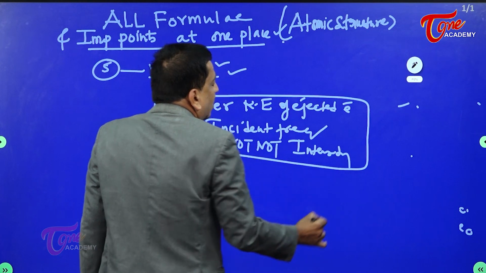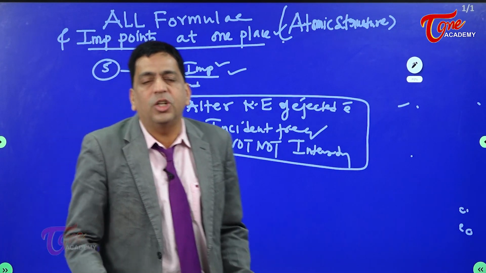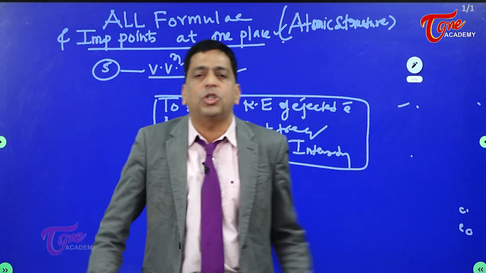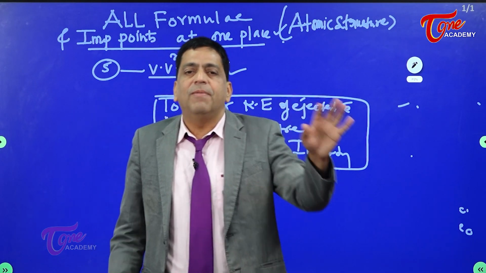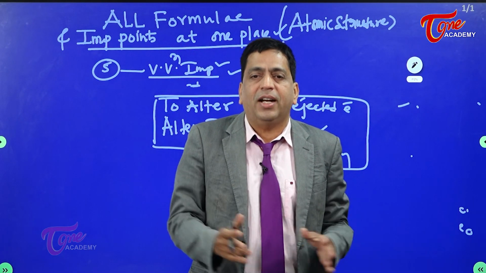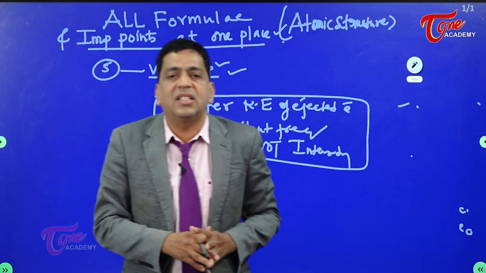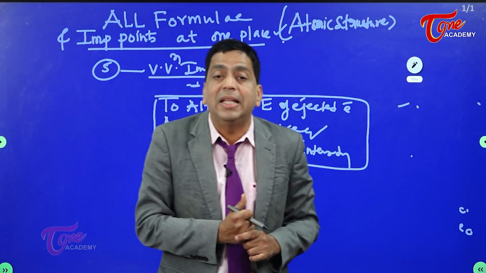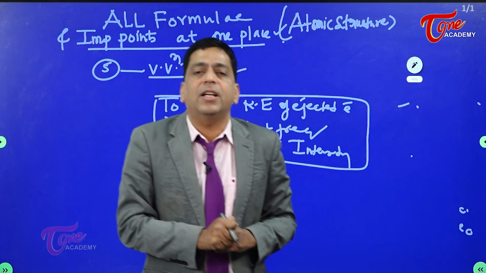If you think that increasing intensity will change the kinetic energy of the electron that is ejected, you are mistaken. To change the kinetic energy of the electron, you must focus on the incident frequency or the incident wavelength of the radiation which is striking it.